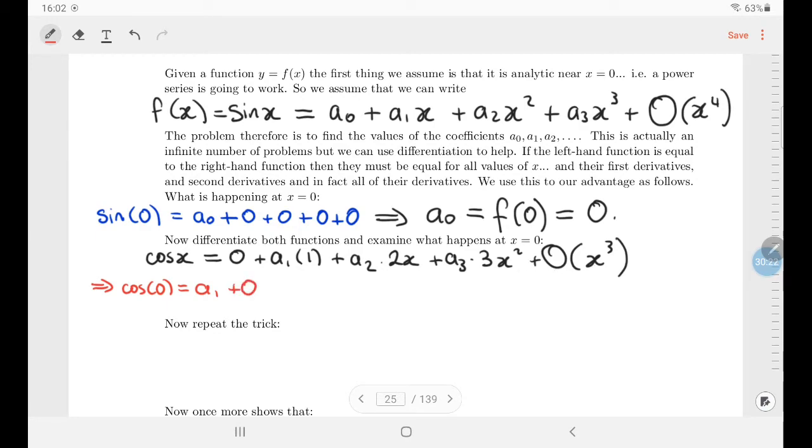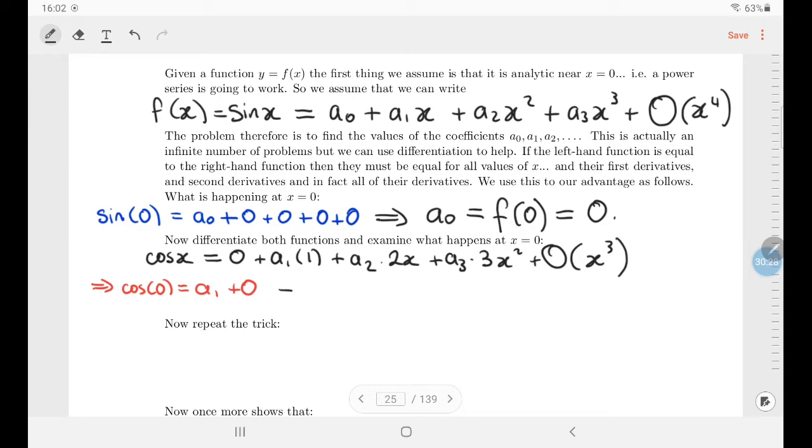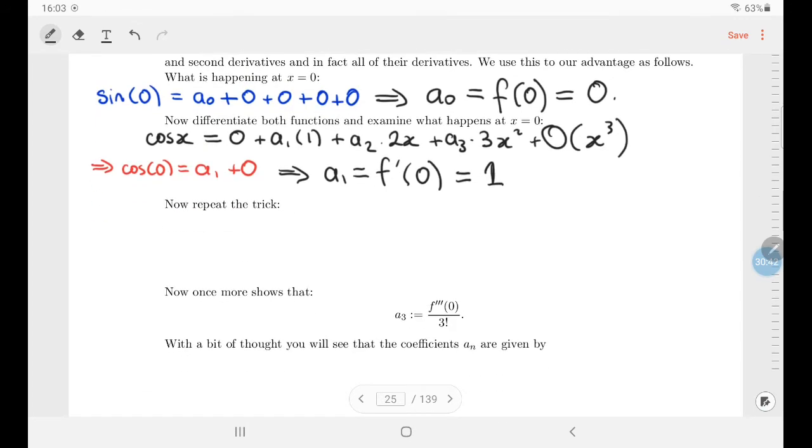And so I find that a1 is cos of 0, and cos of 0 is equal to 1. So the second constant, a1, is the value of the derivative at 0, in this case 1. And you repeat the trick.